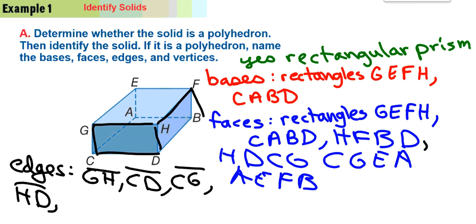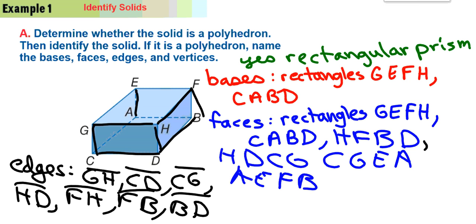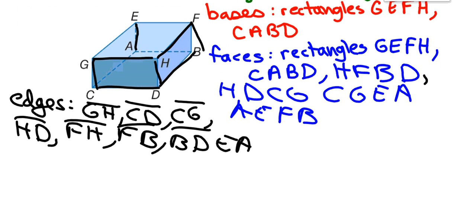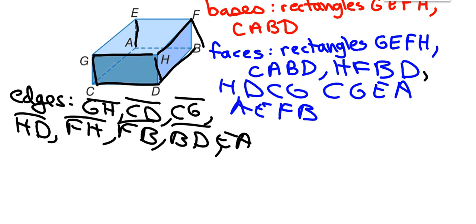Say it one more time. Oh, BD. Gotcha. Okay, and so segment FH, segment FB, segment BD, and segment EA. Okay, and let me slide that up and then you can tell me the last four. Just a sec.